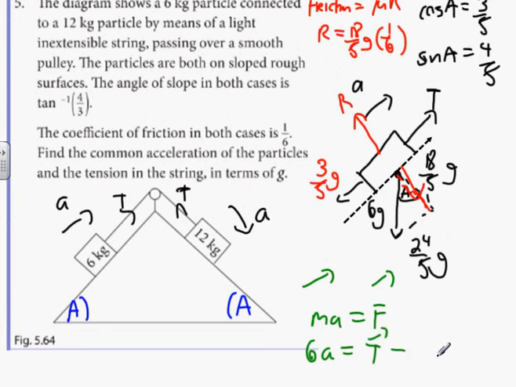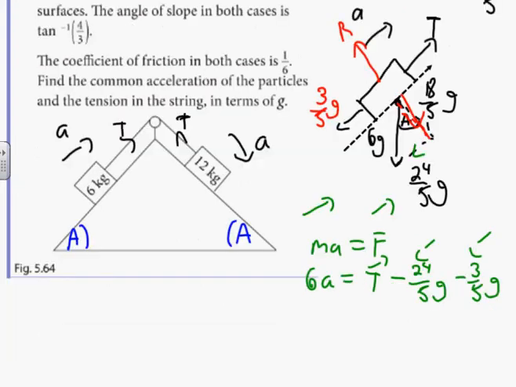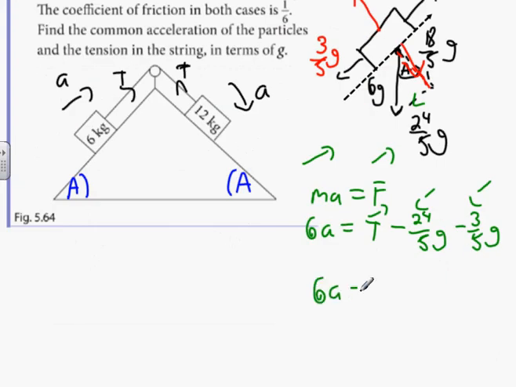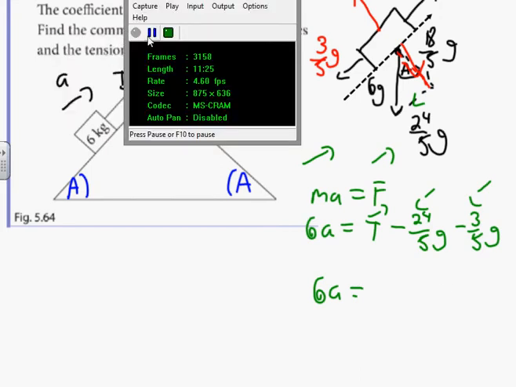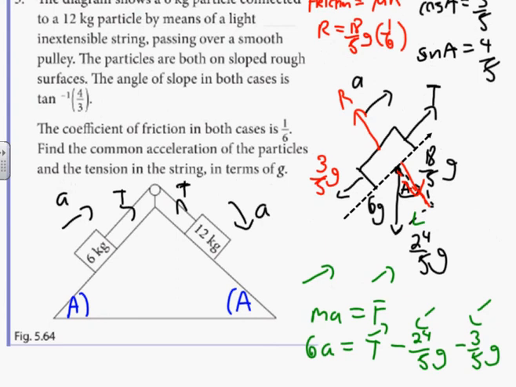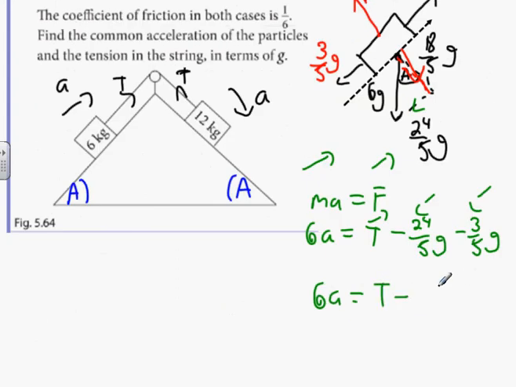Anything working against it? 24 over 5g, your weight acting against it, followed by friction also acting against it. And then this full formula becomes 6a equals T minus 27 over 5g.